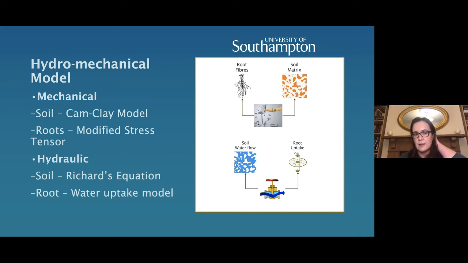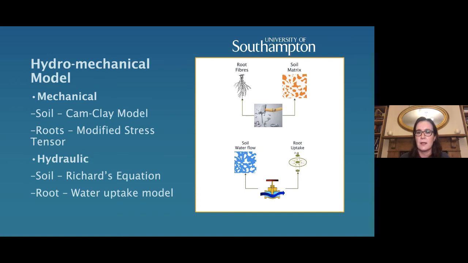So we've developed the mechanical hydraulic models for dealing with the soil stability problems. The dominant mechanism we are finding in our preliminary studies at the moment is that it is actually that sucking of water, maintaining water tension, that is the dominant mechanism for slope stability, rather than necessarily the actual fiber reinforcement. But the jury is out on this one yet.